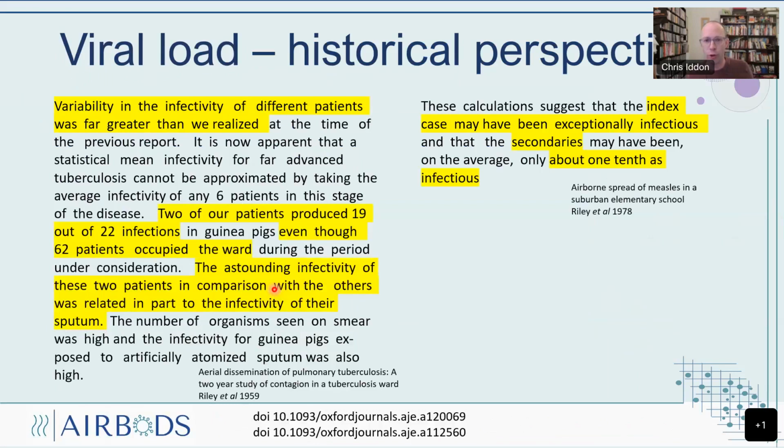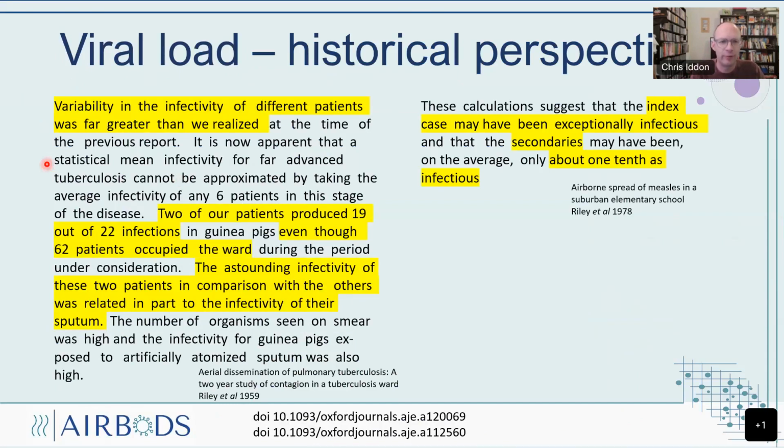This is not a new thing, this kind of difference in the emission rate of pathogens. Here's a historical perspective. Back when Riley and Wells were doing their studies on TB, they discovered that there was variability in the infectivity of different patients, and it was far greater than they realised. 2 of the patients produced 19 out of 22 infections, even though 62 patients occupied the ward.